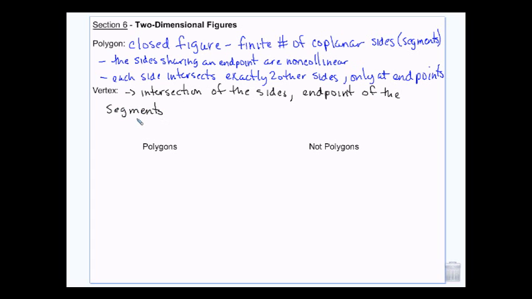And it's the same thing as a vertex of an angle, because each time a polygon's sides intersect, they form an angle. Okay, so when you have the sides of, say, a square or a rectangle, we have an angle.